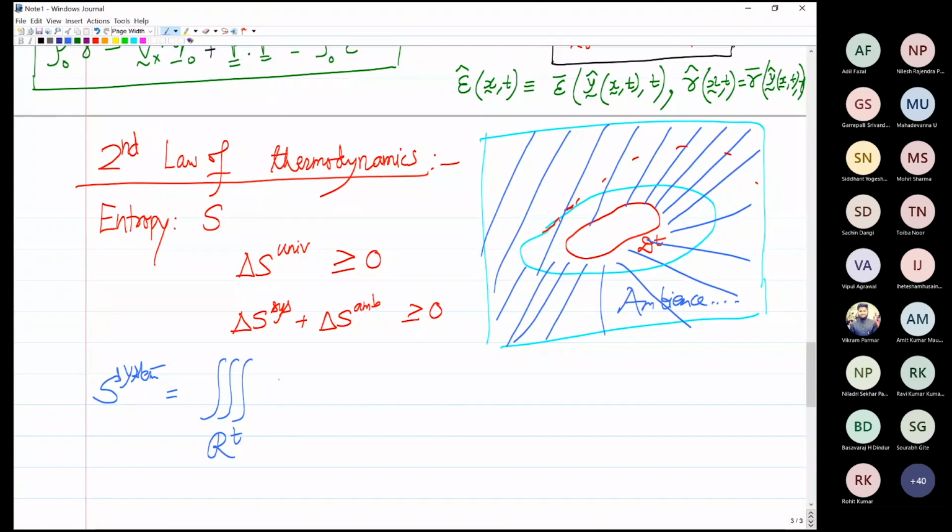So this then becomes integral of rho eta dv, where eta is entropy per unit mass, and that's also called the specific entropy.